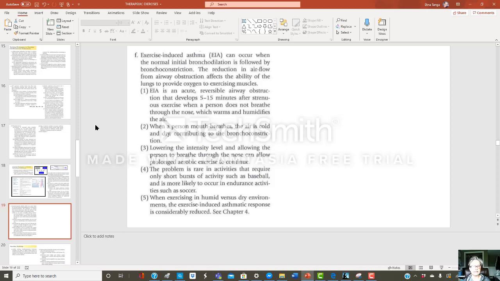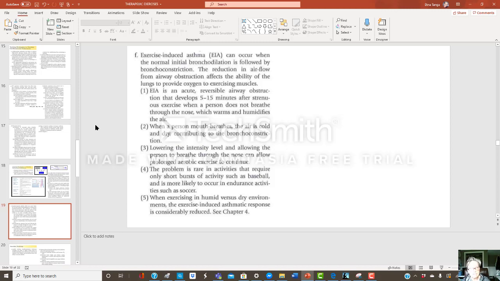Exercise-induced asthma is an acute, reversible airway obstruction that develops 5 to 15 minutes after strenuous exercise when a person does not breathe through the nose, which warms and humidifies the air. When a person mouth breathes, the air is cold and dry, contributing to the bronchoconstriction. Lowering the intensity level and allowing the person to breathe through the nose will allow prolonged aerobic exercise to continue.